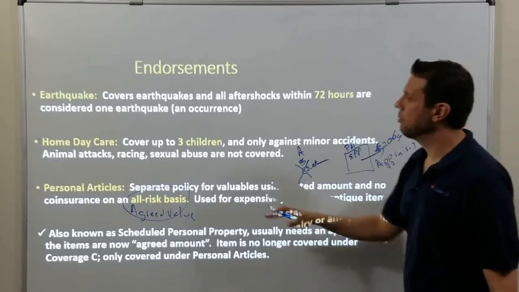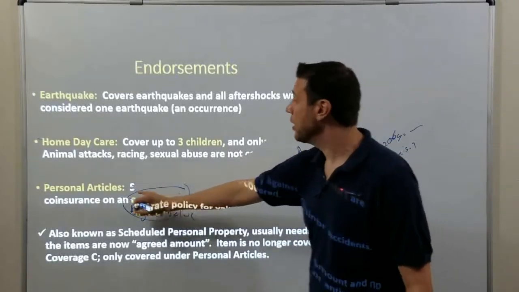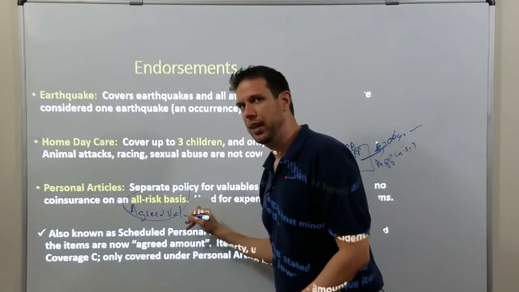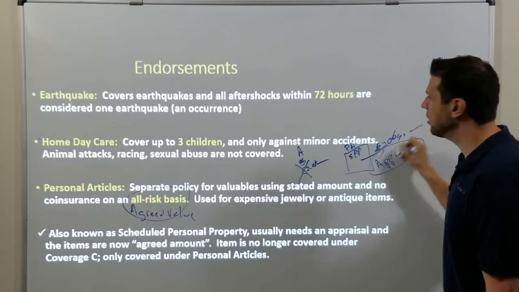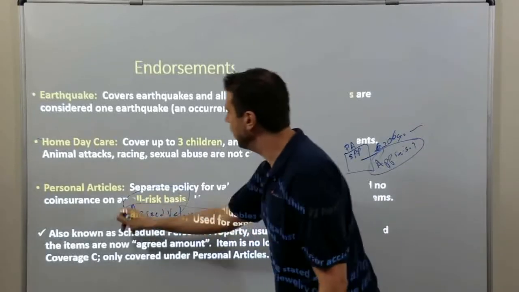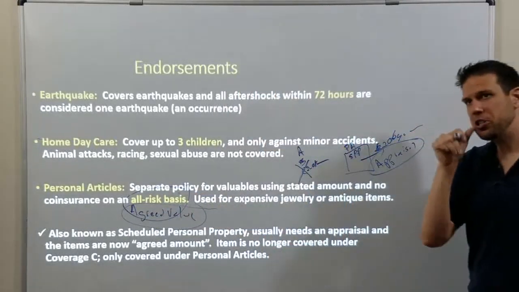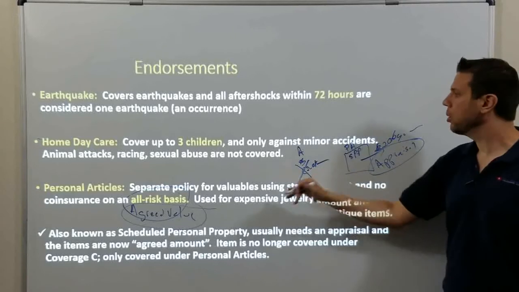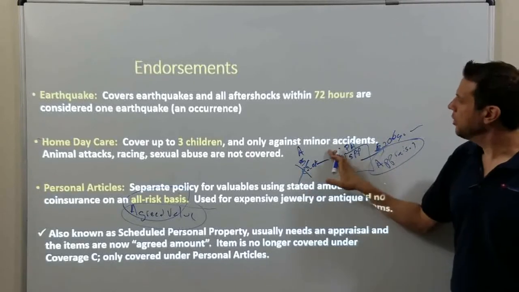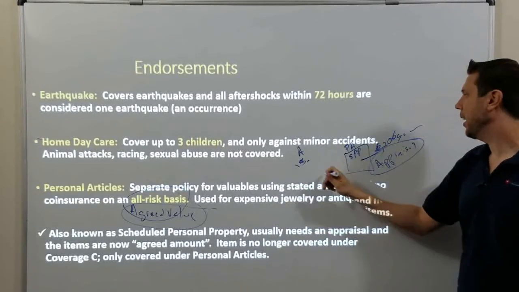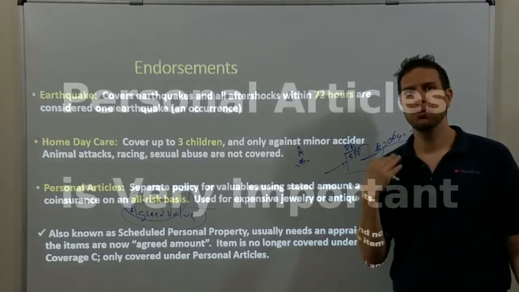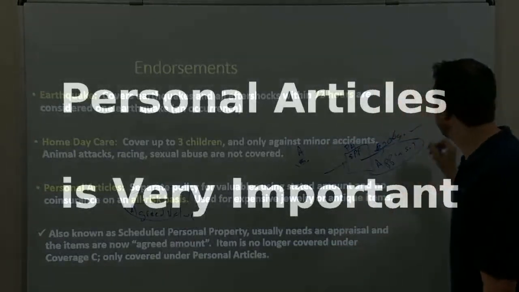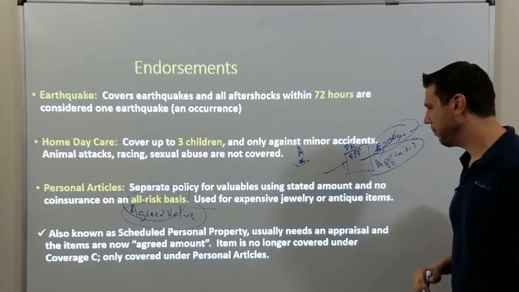I want my diamond ring covered for everything, all risk basis, and I don't want ACV, I want the appraised value, also known as the agreed value. You insure expensive things on a personal articles policy, you remove it from coverage C, add it on its own policy, and there's typically no deductibles and no coinsurance because you're paying extra for it.